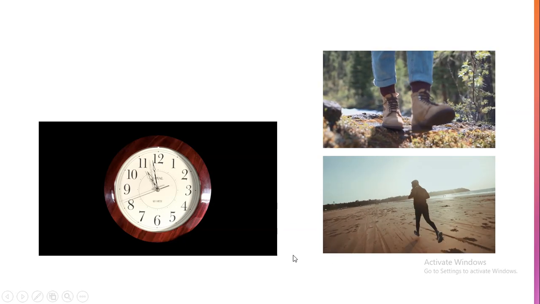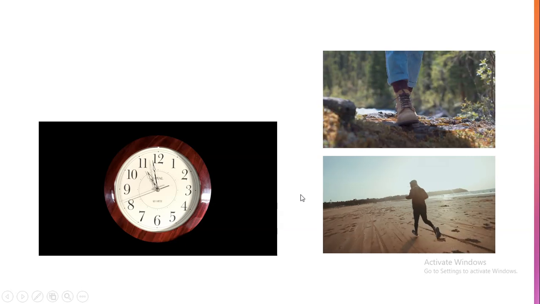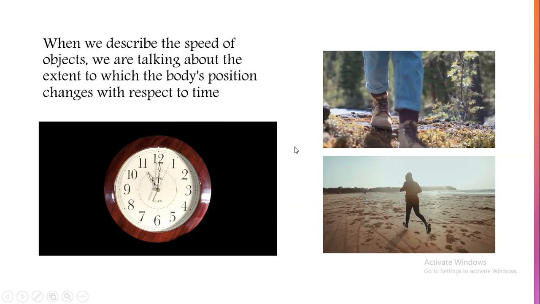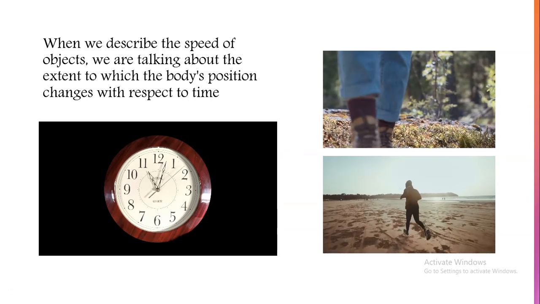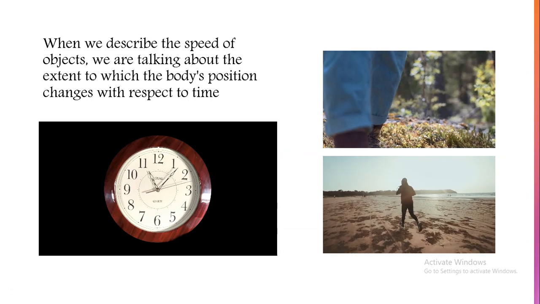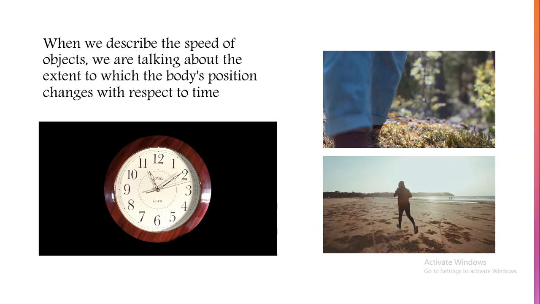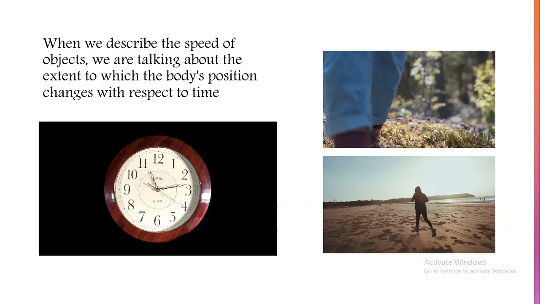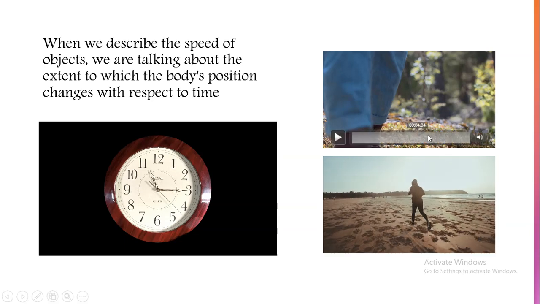This man is running. How do I describe their motion? If they are moving quickly or slowly? Now, when we describe the speed of an object, we are talking about the extent to which the body's position changes with respect to time.